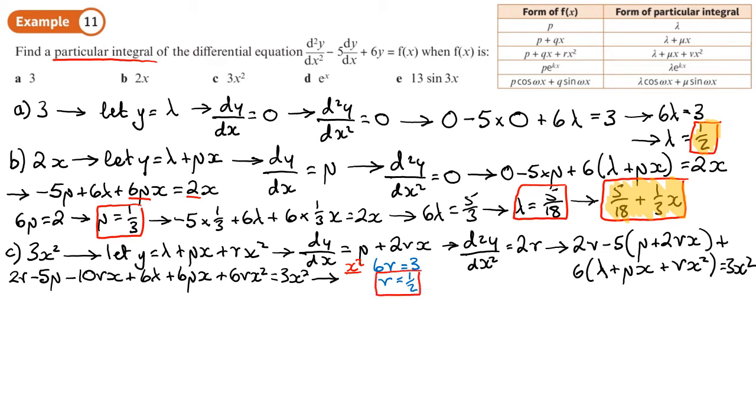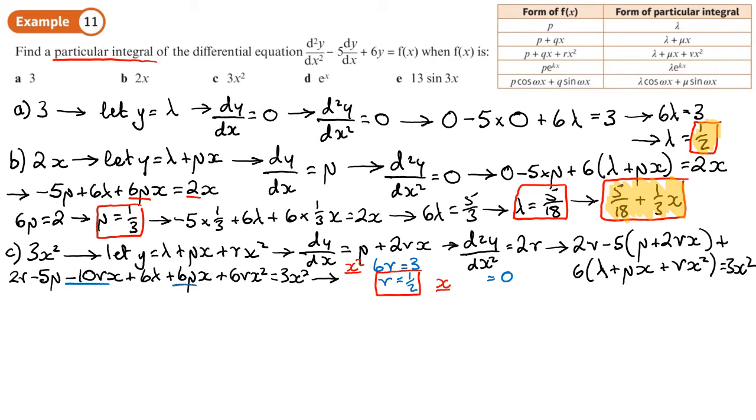Now let's look at the x terms. On one side the coefficient is going to be 0, isn't it? Yeah, because there's no x terms on this side. Over this side the coefficients of the x terms are going to be minus 10 nu and 6 mu. So these two. I want to make sure I don't miss anything out. Whoops, not that one.